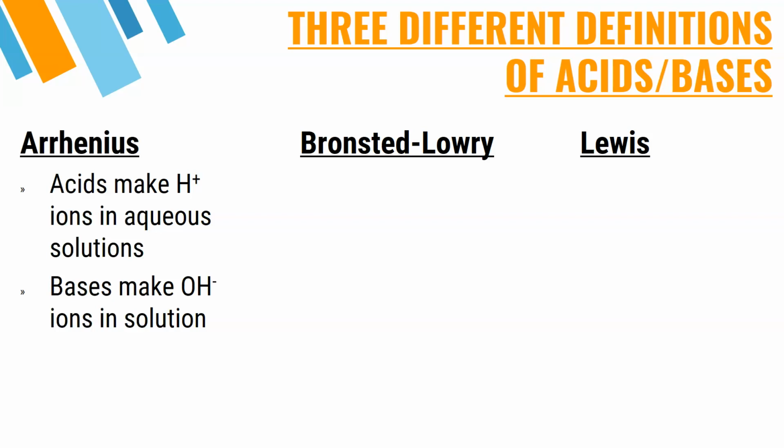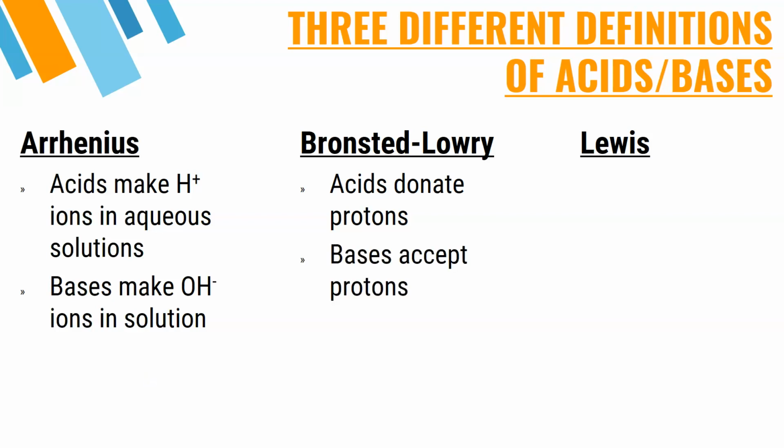The problem is that doesn't really cover the more complicated examples. So the Bronsted-Lowry definition is a little bit more generic and it will cover more options. Acids donate protons, okay? Bases like to accept protons. The Arrhenius acids and bases meet these criteria, so all of the things you're used to thinking of as acids and bases will still work under the Bronsted-Lowry definition.